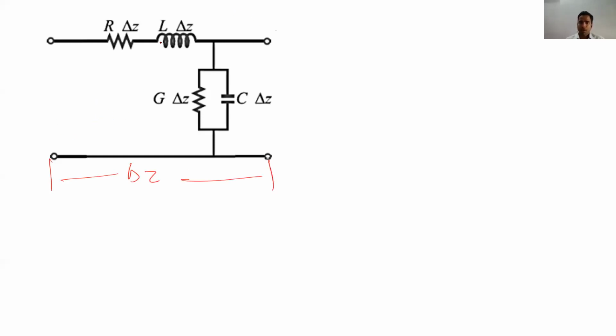So we'll apply KCL and KVL here. If the voltage at the initial end of the subsection is V, there will be some voltage change, and that will be, suppose, V plus delta V. So delta V is the change in the voltage. Similarly, suppose this is A and A dash, and this is B and B dash.